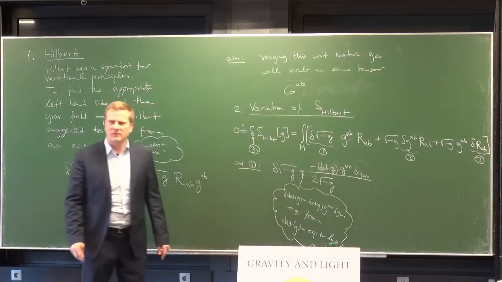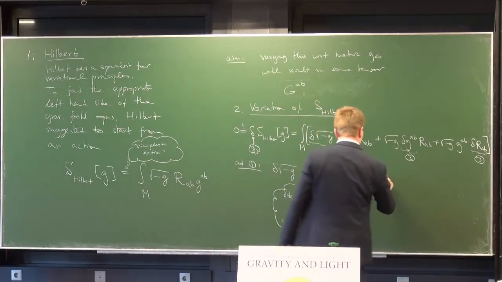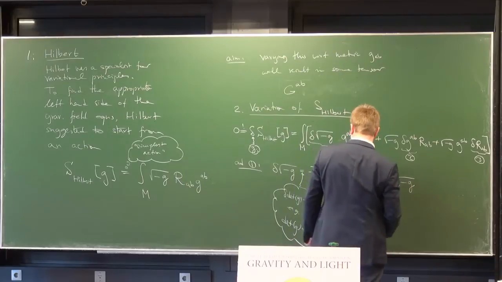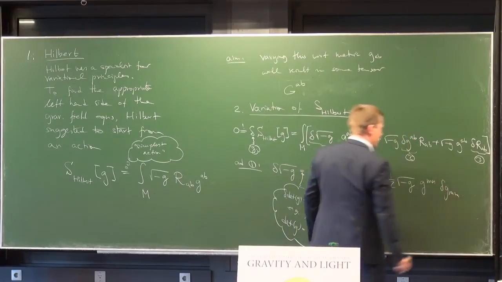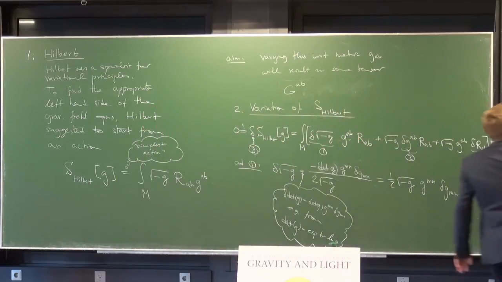This is one way to look at that. Okay, so you get this, and we have this here. The result is 1/2 square root of minus g g^{mn} delta g_{mn}. This is the first lemma we have here.